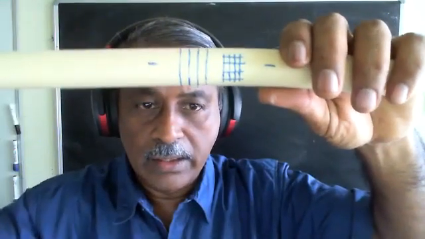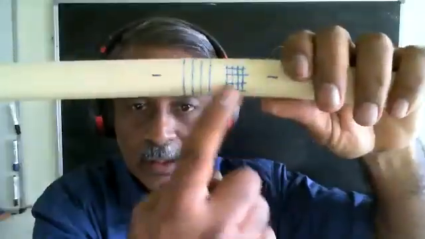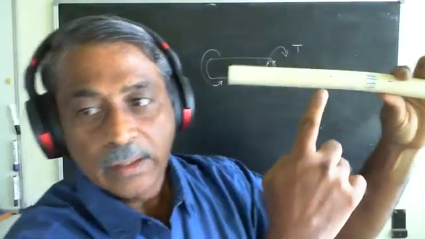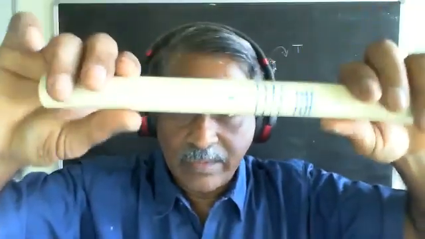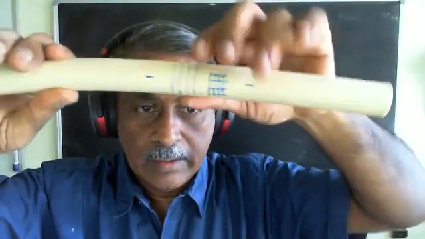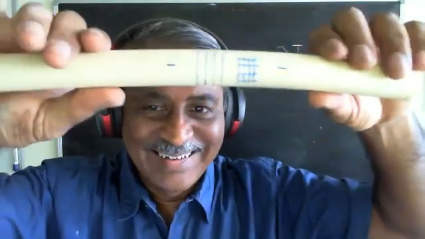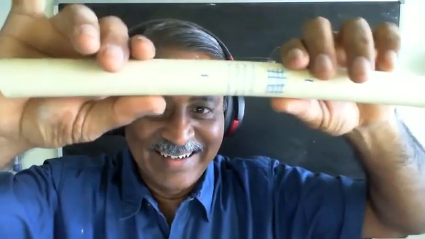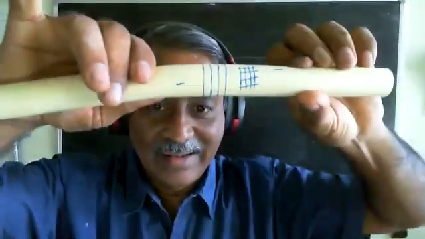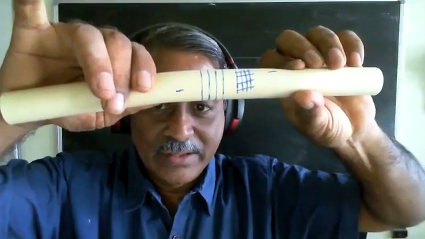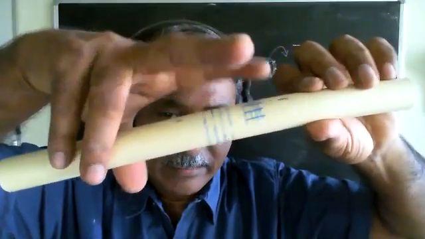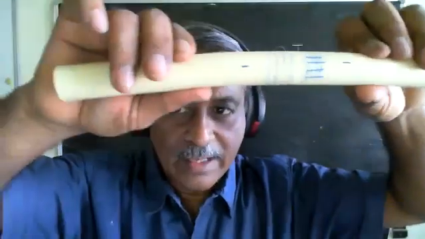How will you know that I am twisting? This point and this point will now shift. You can see it now. I'm just going to hold. This is my right hand, this is my left hand. Are you able to see? There is a shift of these two points, right? You can see that shift happening.